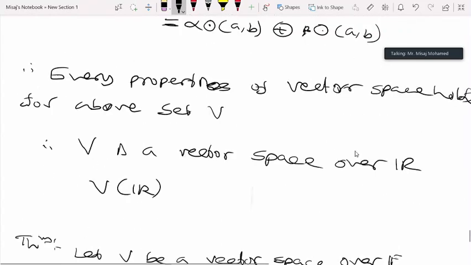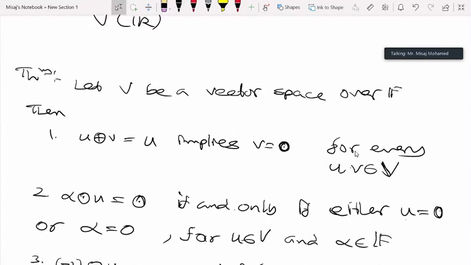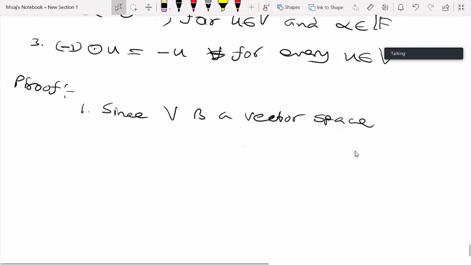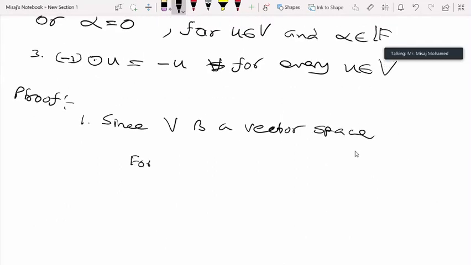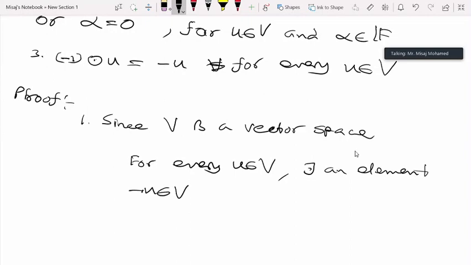Since V is a vector space, for every u in V, there exists an element minus u in V such that minus u plus u is equal to the zero vector.